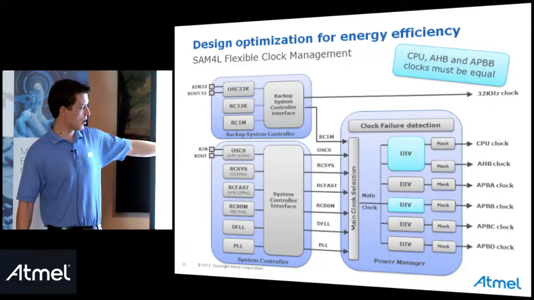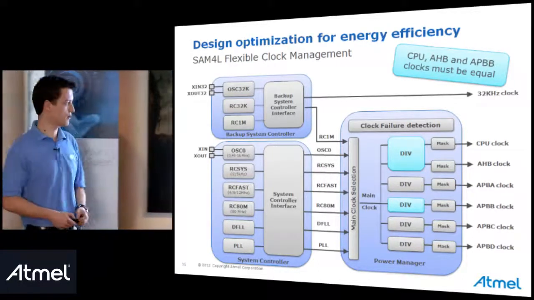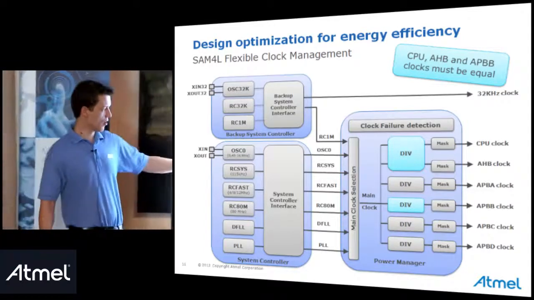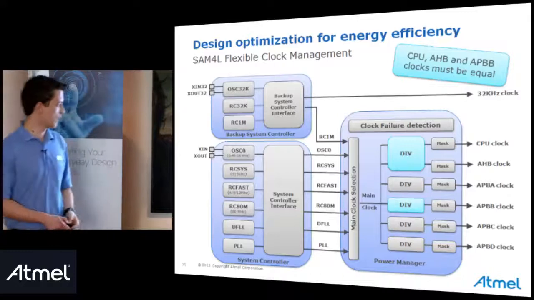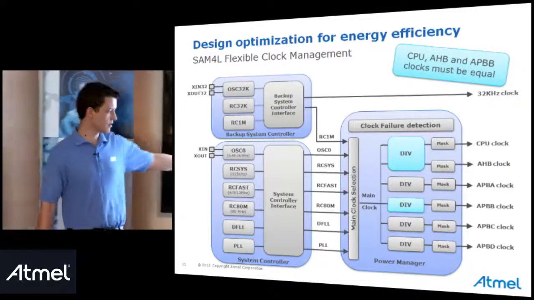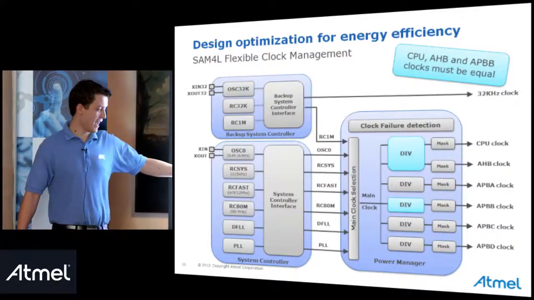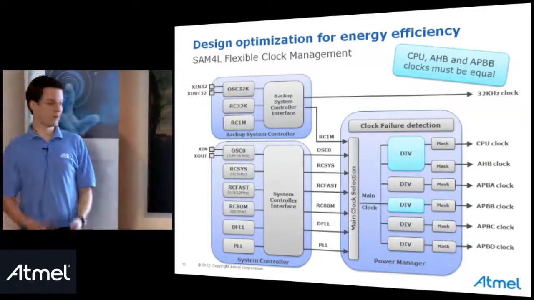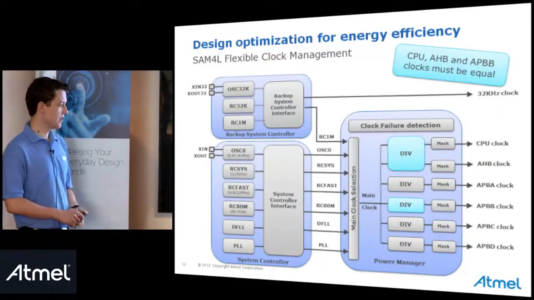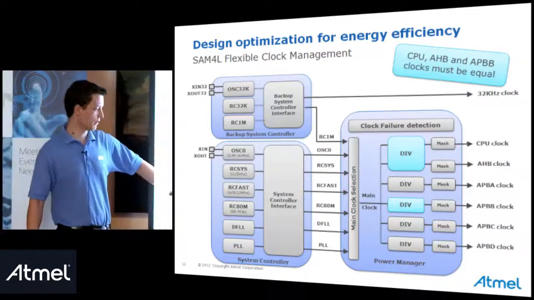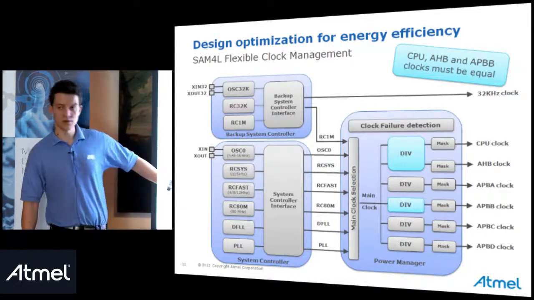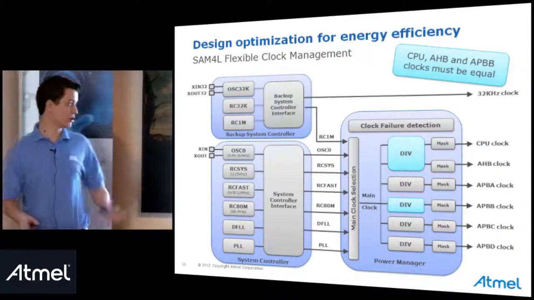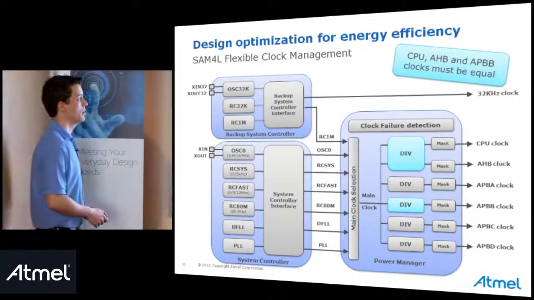It can also be a 115 kHz clock from the RC32K, or a 4, 8, 12 MHz clock from the RC fast, an 80 MHz clock from the RC 80 MHz, or it can directly generate a clock from the DFLL and the PLL. We will see the difference between DFLL and PLL in the slide just after.